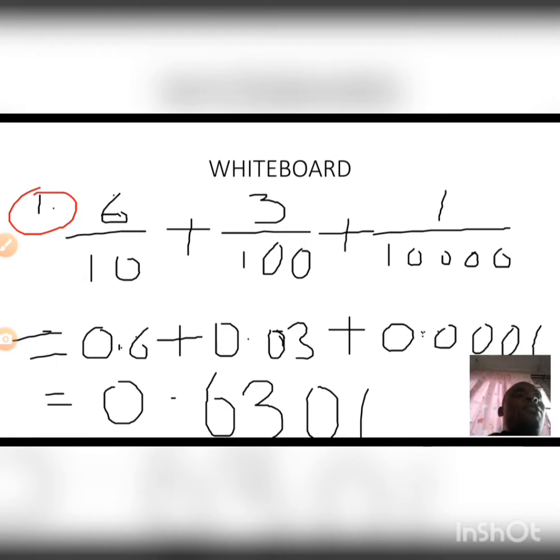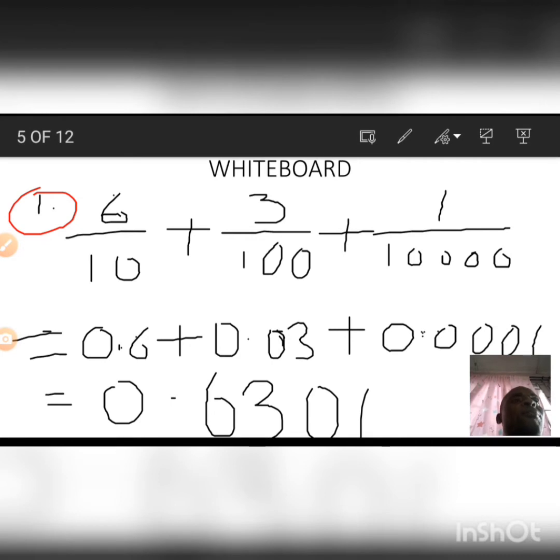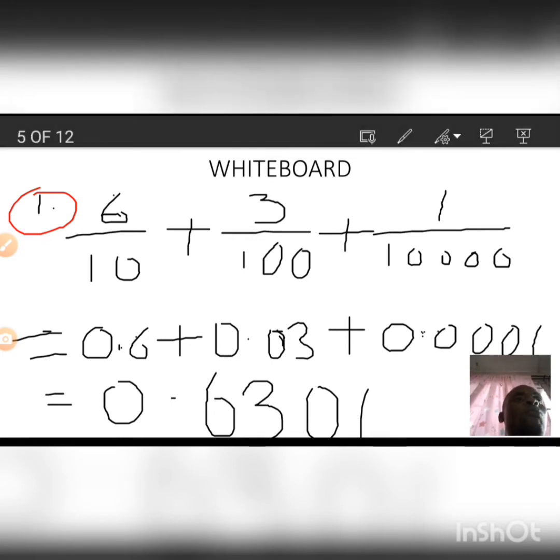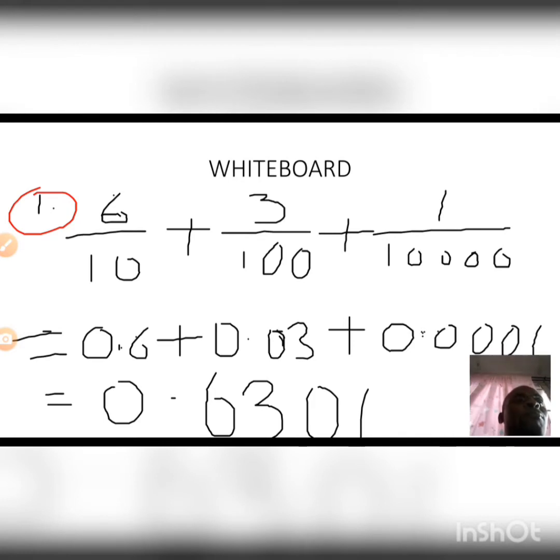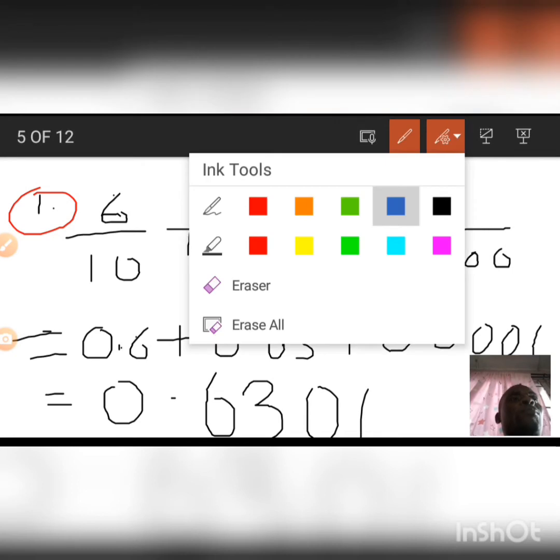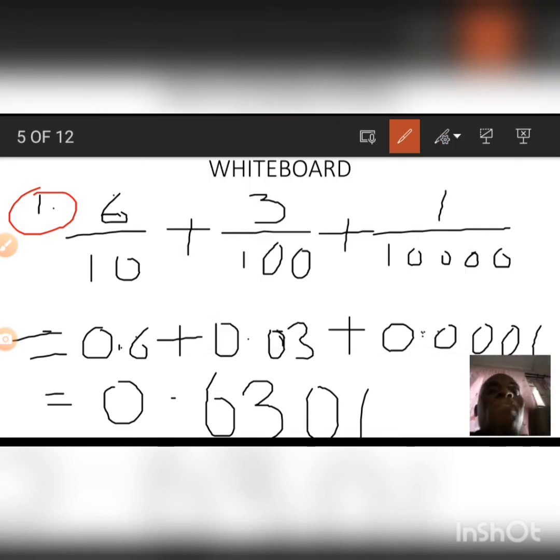These are three different fractions. So, to do this, we must look at the numerator and the denominator of the fraction. Now, first, let's look at 6/10. Now, when you look at 6/10, you discover that under we have a 10, which has a 1 and a 0.